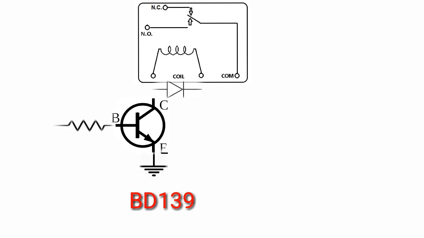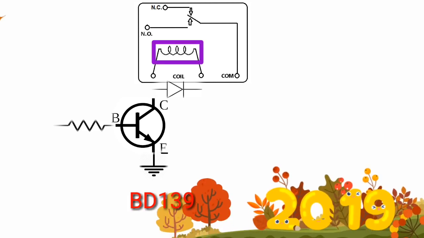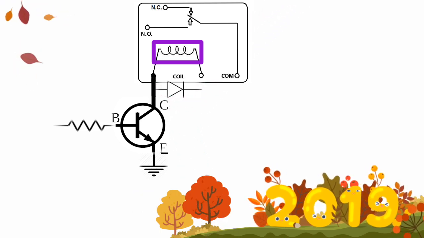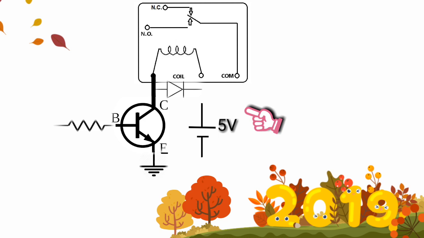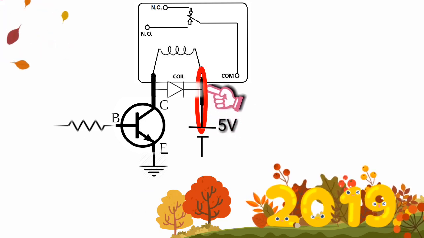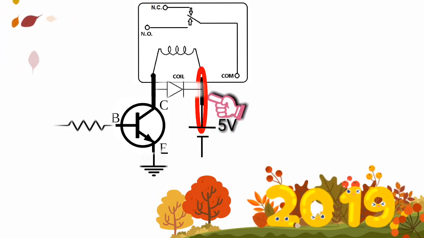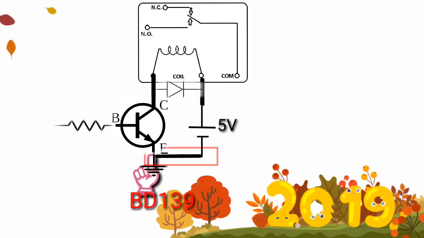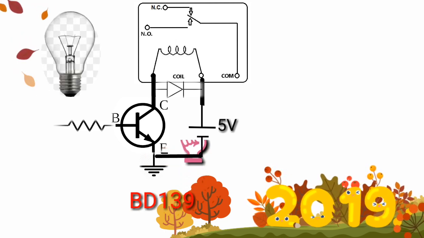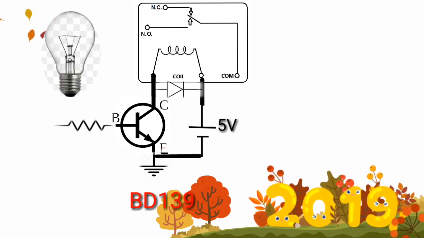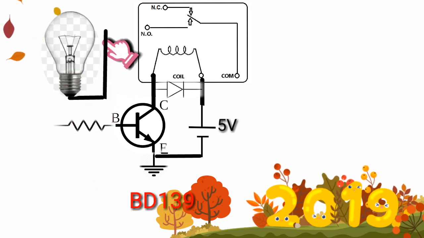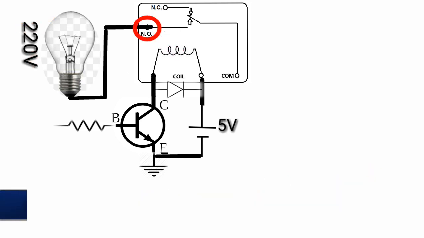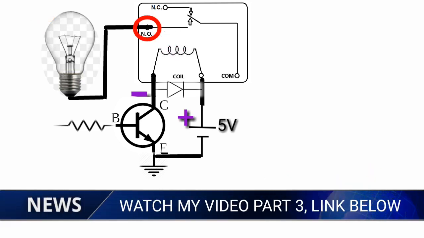Let's connect the inductor of the relay switch to the collector and the anode of the diode. Connect the 5-volt battery to the coil and the cathode of the diode. Connect the negative battery to the emitter of the transistor. Connect one side terminal of the AC 220 volt light bulb to the normally open terminal of the relay switch.